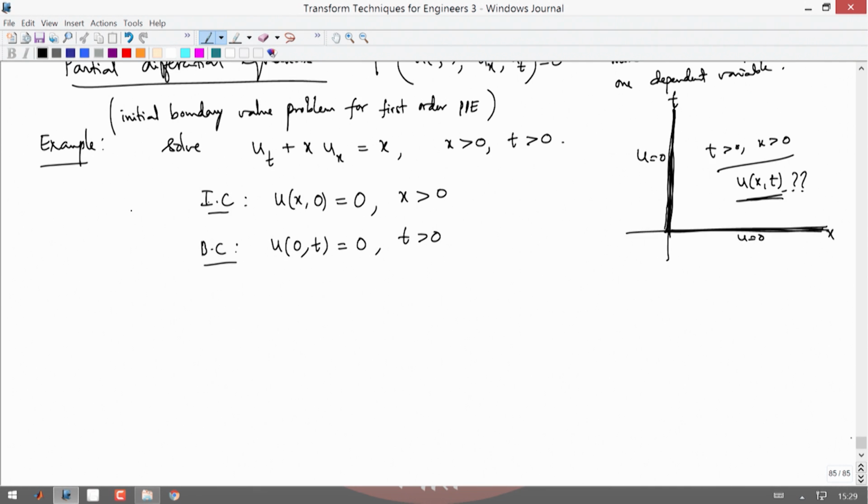Okay. So, how do we solve this? We will apply, let us say, t positive. You can also use it for x, because x is also from 0 to infinity, you can use Laplace transform. But I will try to avoid x, because if you use x, you have to take the Laplace transform of the right hand side.